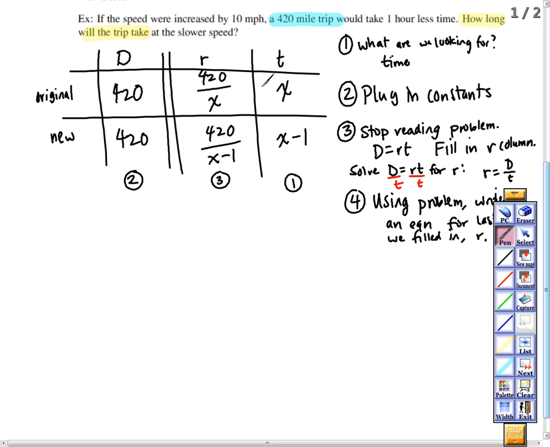If the rate is speed, so if the speed were increased by 10 miles per hour, that's what we're going to look at. Speed increased by 10 miles per hour.